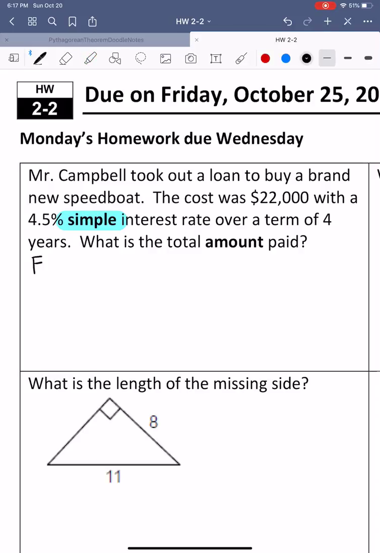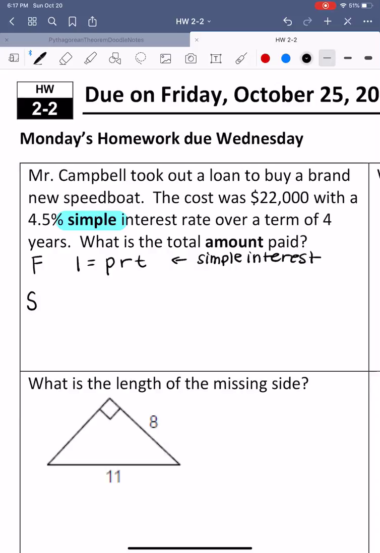So when I think of the formula that I'm going to use, I know that this is going to be interest equals principal times rate times time. So there's my formula, and then I can go back into my problem and find the numbers to substitute into the equation I've written here. This equation is for simple interest.